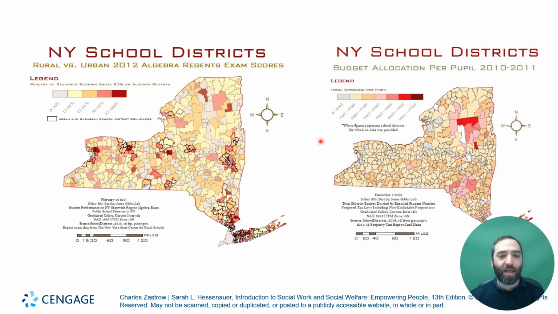You have pockets where students are performing a lot better than others. And then on my right over here is how much funding per student. The darker the red, the higher the funding. There's not a ton of correlation, a little bit, but it's not automatic.